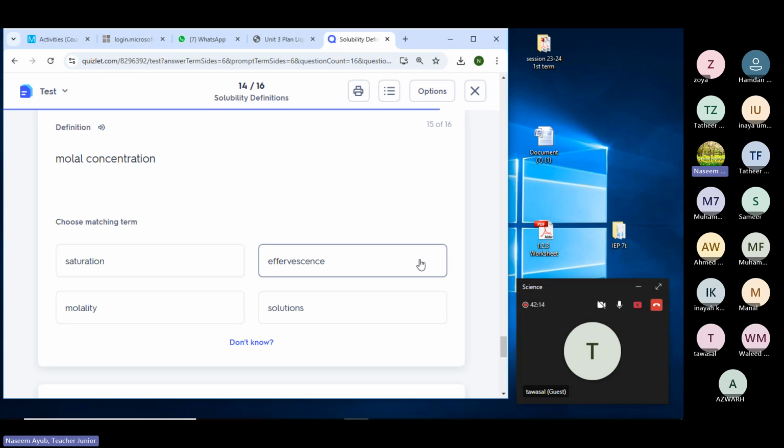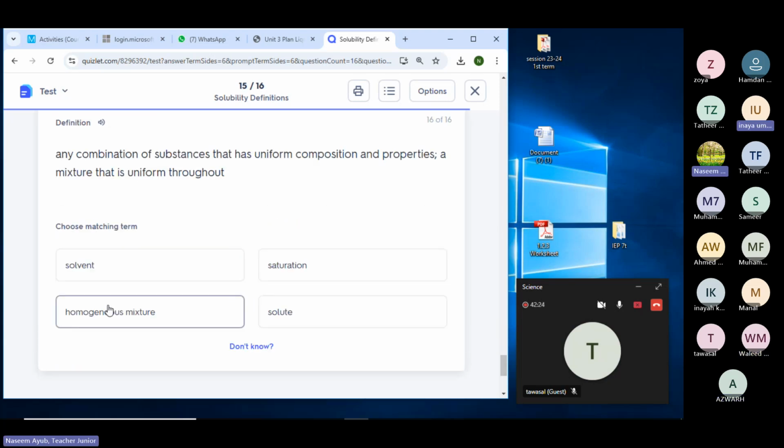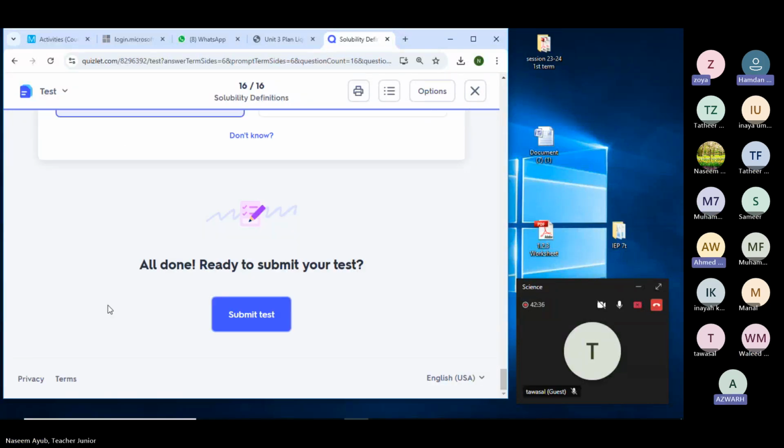Yes, molar concentration in a solution is called molarity. Any combination of substances that has uniform composition and properties, a mixture that is uniform throughout: is it a homogeneous mixture? Yes, ma'am.